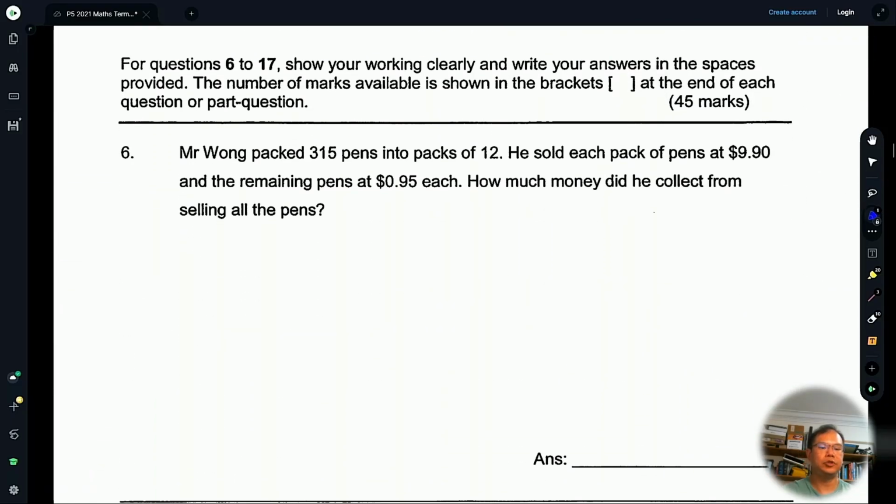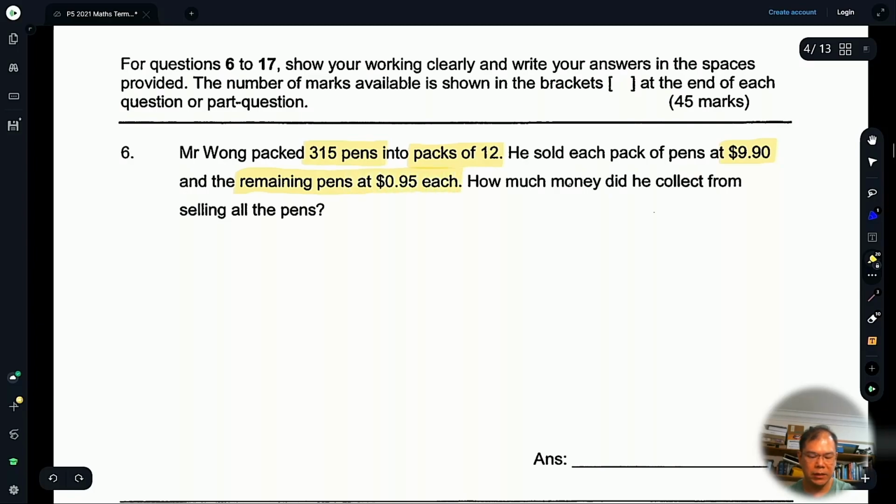Okay, let's move on to the 3 marks question. Question 6. So Mr. Wong packed 315 pens into packets of 12. He sold each pack at $9.90 and the remaining pens at 95 cents each.